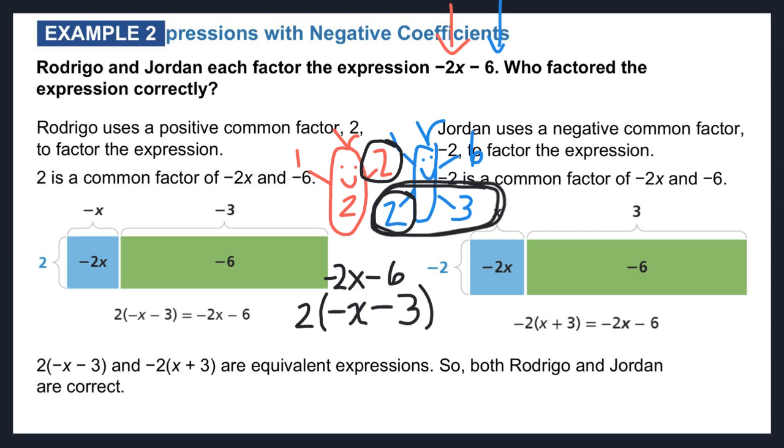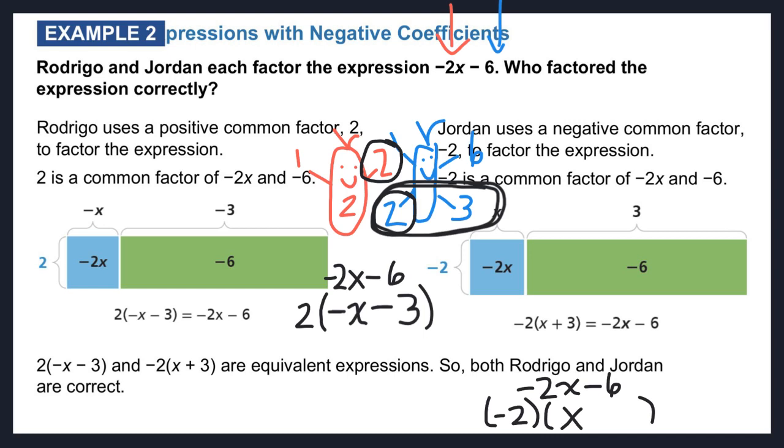All right, that's one option. Here's the second option. What if, instead of pulling out a positive 2, I pull out a negative 2? Well, on my first one, if I have negative 2x and I pulled out the negative 2, that just leaves an x.